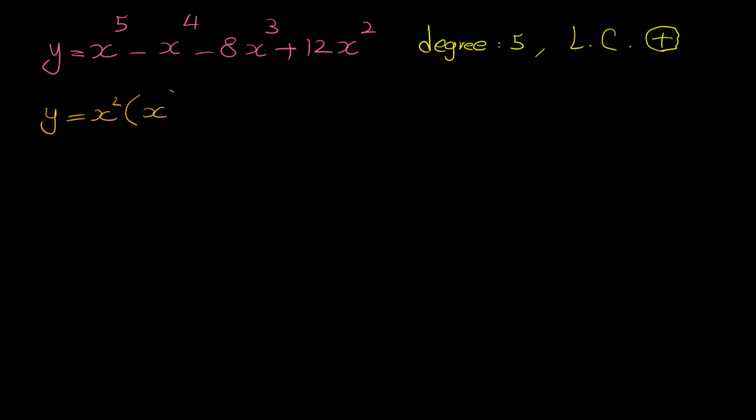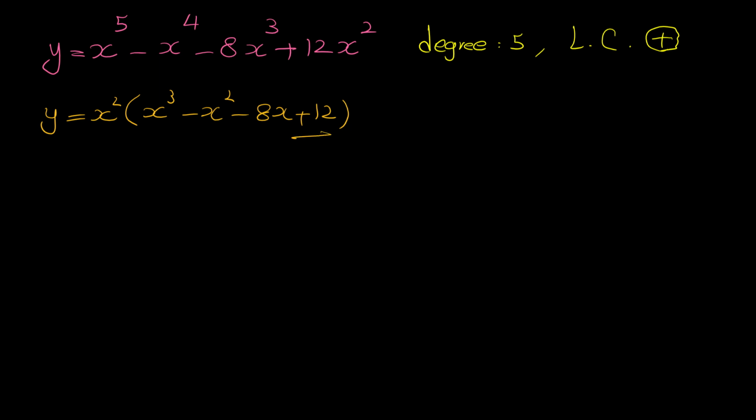Then we have x^3 - x^2 - 8x + 12. For factoring x^3 - x^2 - 8x + 12, again we use the factor theorem and integral or rational zero theorem.